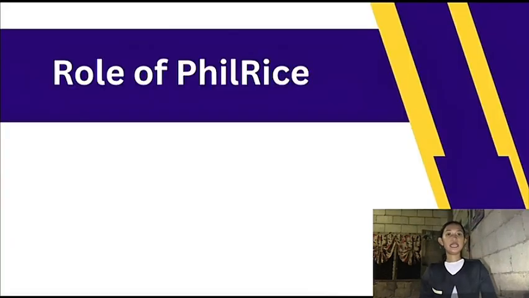Role of key institutions. PhilRice, the Philippine Rice Research Institute, is involved in rice R&D, especially in improved varieties of rice and golden rice development. The Department of Agriculture Biotech Program is engaged in promoting the proper usage of biotechnology and is working toward the safety of humanity and the environment.